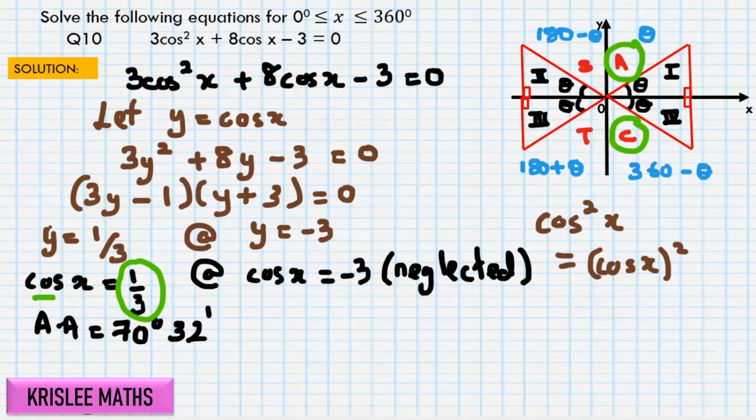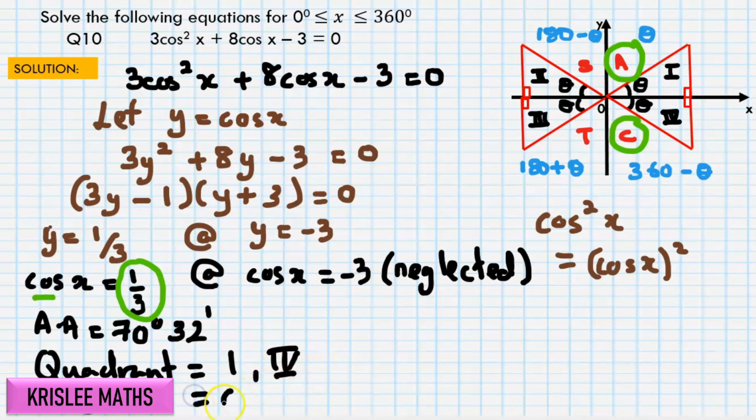Before that, we list out the quadrants. So the quadrants involved here are the first quadrant and fourth quadrant. In the first quadrant it is theta, and in the fourth quadrant it is 360 minus theta.